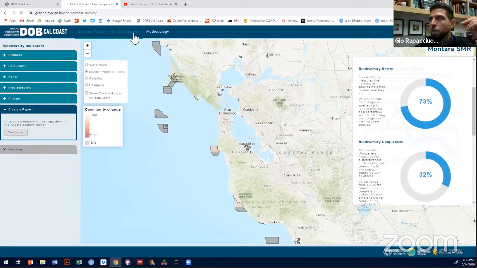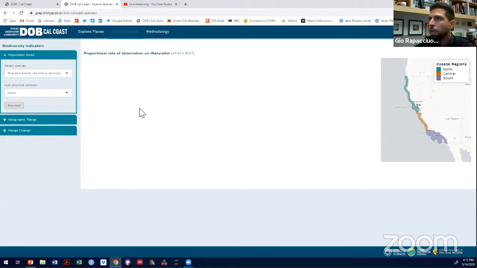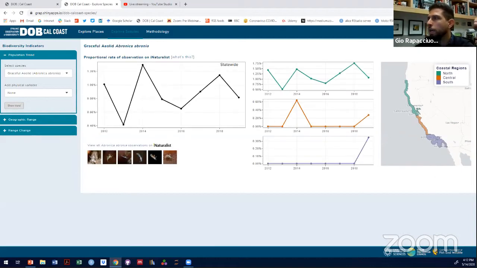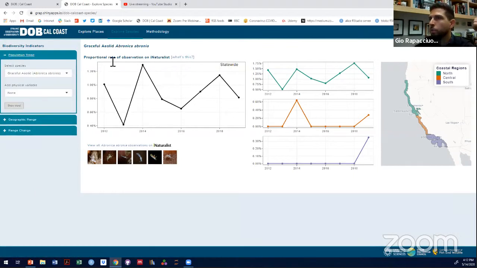But let's go over to the Explore Species tab, which is a different tool. It allows you to have a look at species specifically. And so you have 3 indicators here: the population trend, which shows you the proportional rate of observation on iNaturalist, which is that quantity that gives you an idea of population fluctuations over time, and we had a look at it in the previous part of the webinar.